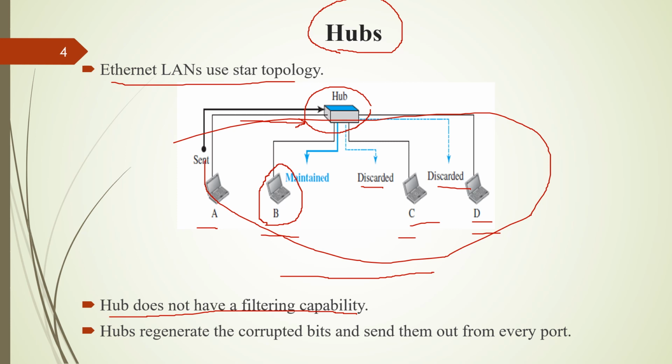Also, hubs regenerate the corrupted bits. As I told before, a hub in star topology is nothing but a repeater, where the function of a repeater is to receive the corrupted bits and regenerate them into the original bit pattern. Once it is regenerated, it will send that data to other stations, or send it out from every port.